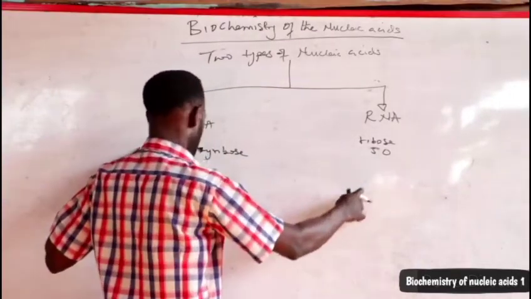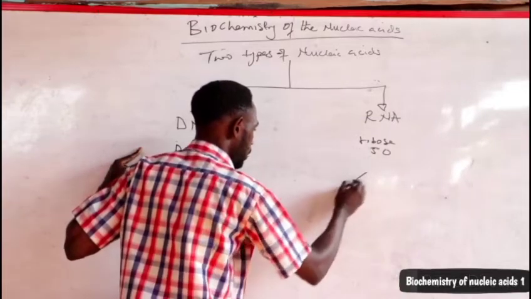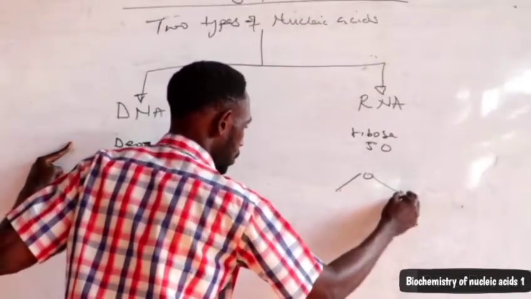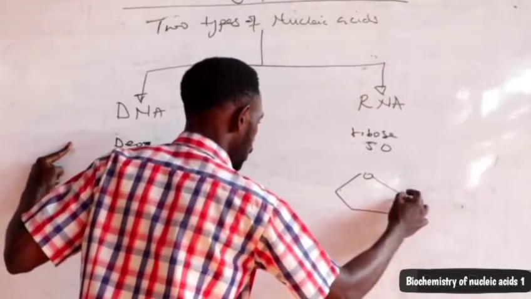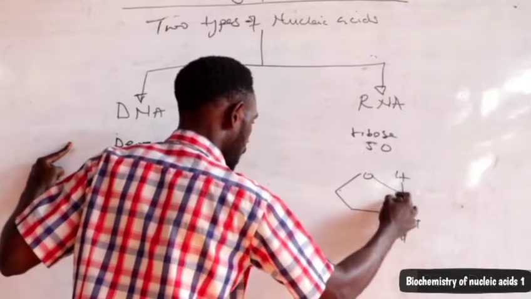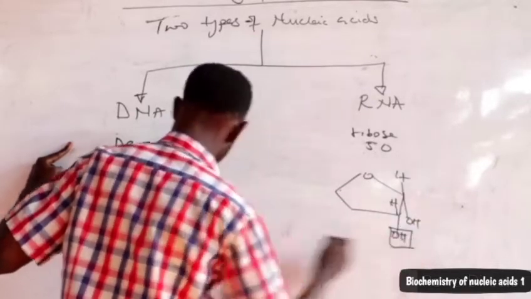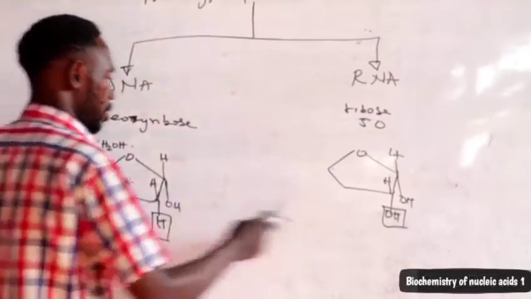Then the sugar in RNA is almost the same thing, but the difference is here. Over here we have OH and H, then here we have OH and H. See where the difference lies. There is no O here in deoxyribose, an ordinary H is here.